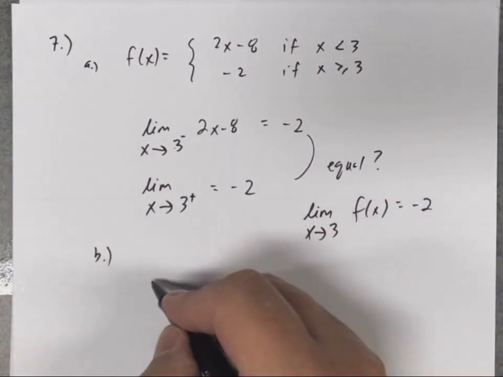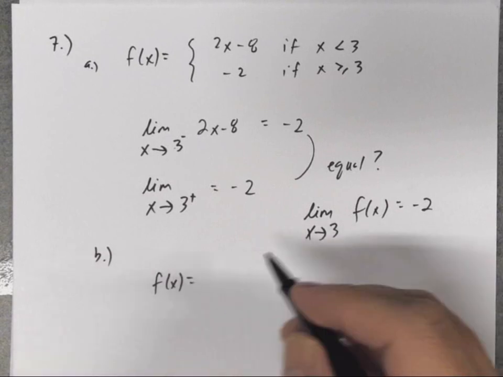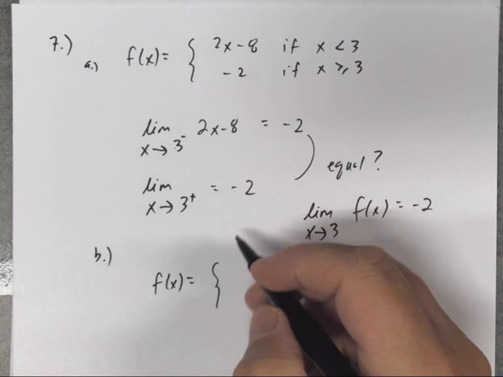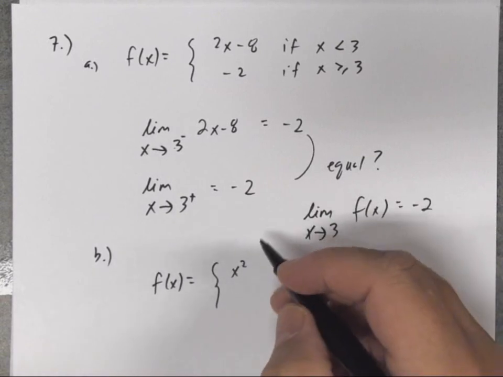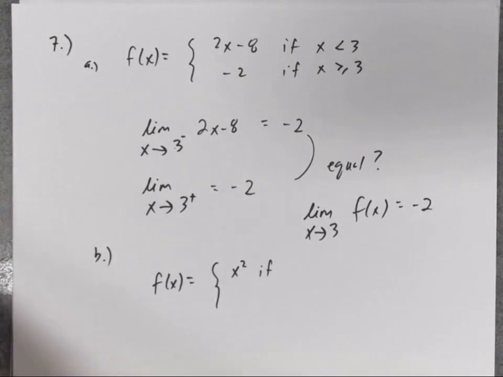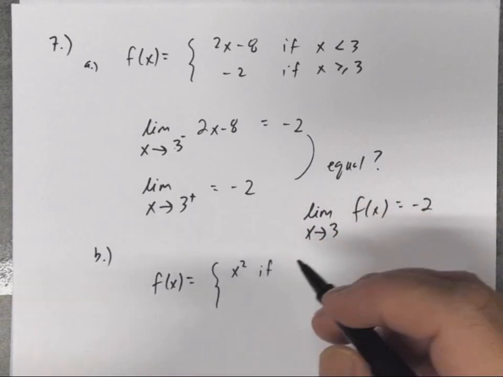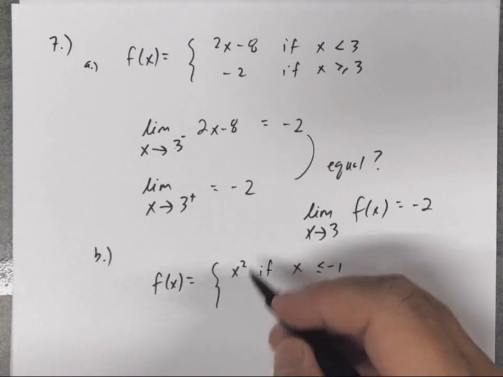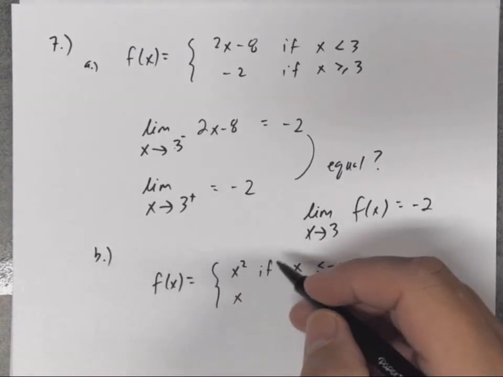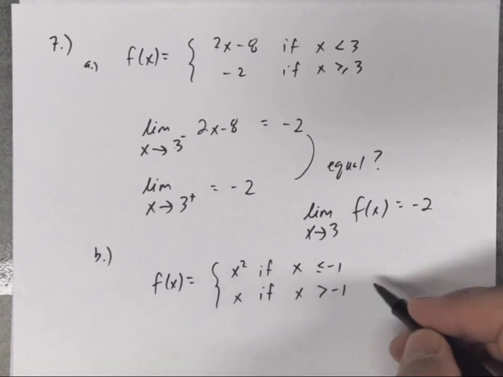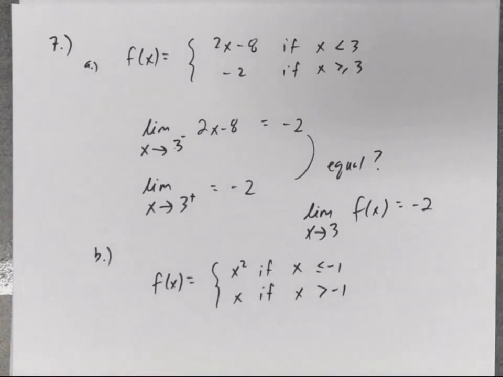It's another piecewise function. This one says f of x is x squared if x is less than or equal to -1, and f of x equals x if x is greater than -1.